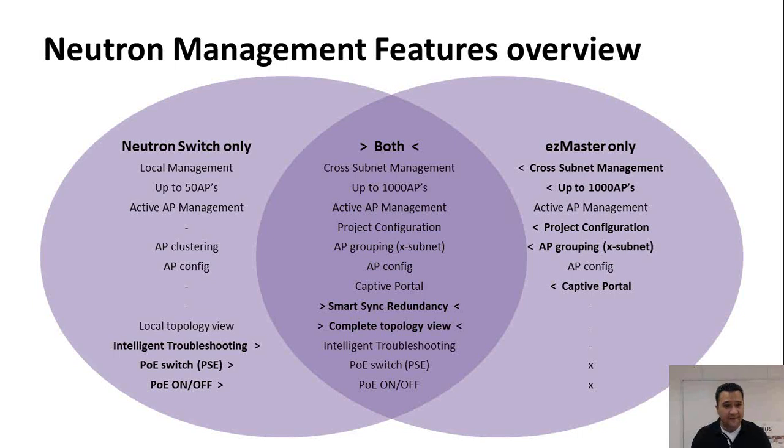But EasyMaster is supposed to make the Neutron solution more complete, and if you use both of them, you have the full function of the Neutron solution, how it is designed to be.